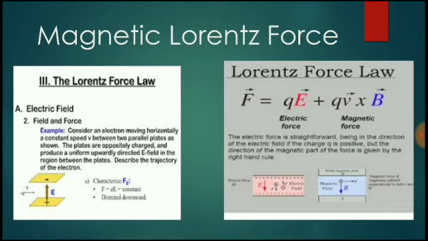That's why QE plus QV into B. The electric force is straightforward, being in the direction of the electric field if the charge Q is positive. But the direction of the magnetic part of the force is given by which rule? Right hand rule. Okay.